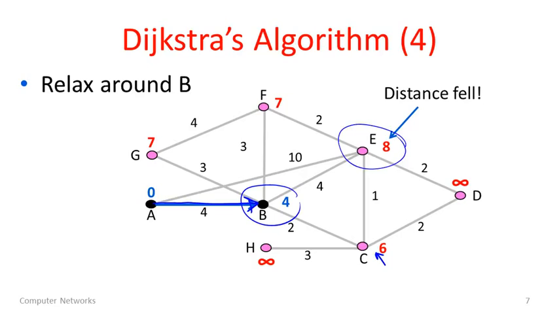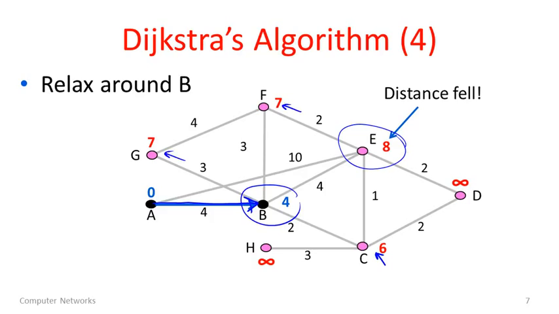Interestingly, E's distance has fallen not just from infinity, but it used to be some finite number 10, now it's gone down to 8. So we're finding better paths over time as we go further and further away from A. Similarly, we'll do the relaxation from B when we look at its neighbor F. Its cost goes down to 7, and G goes down to 7 too.